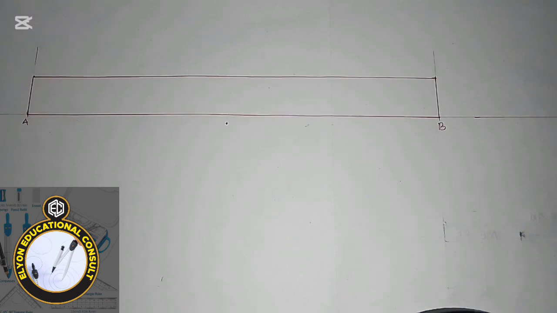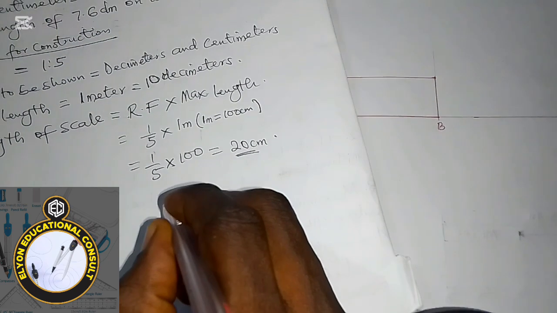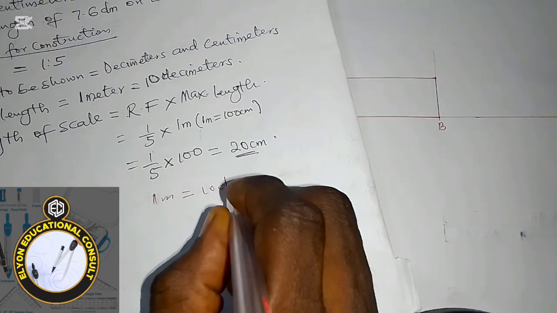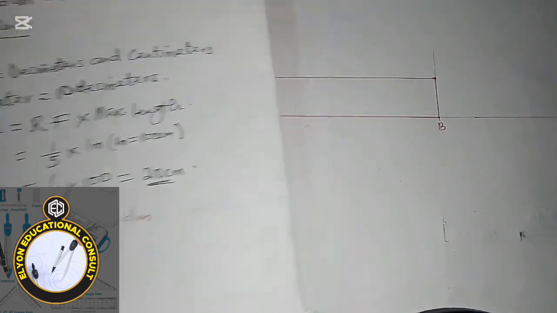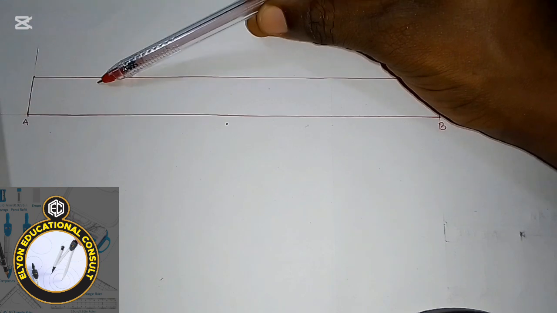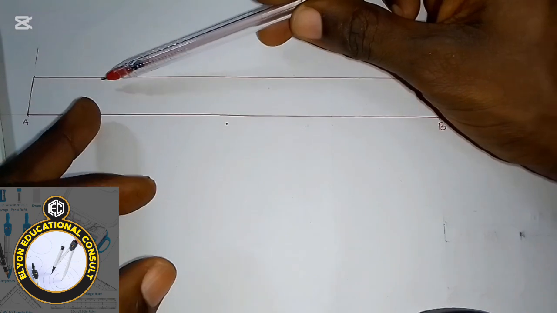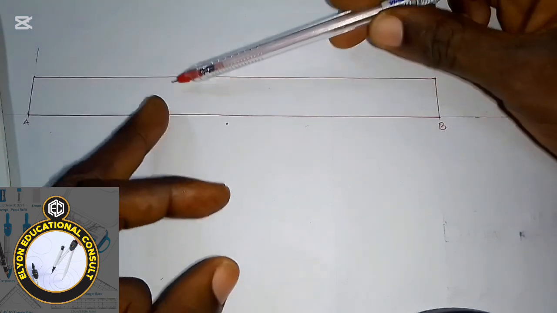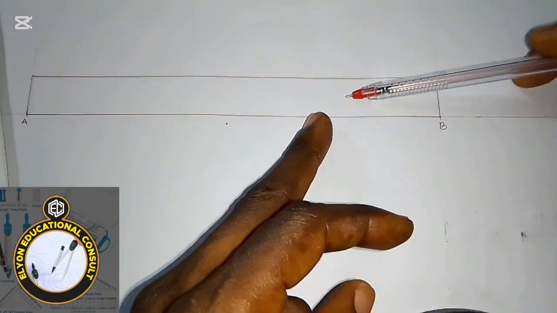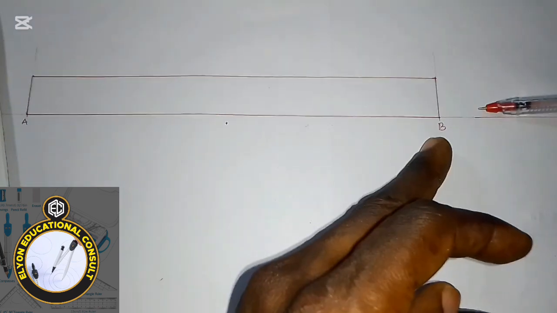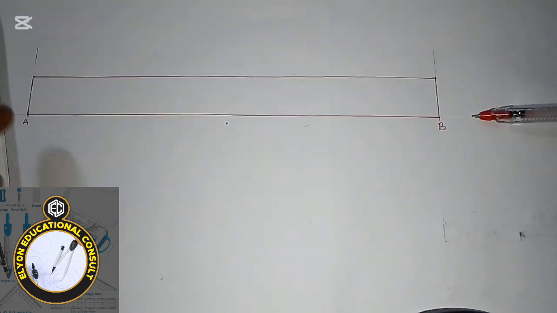Don't forget that 1 meter is equal to 10 decimeters. Now each division into 10 will be, each division will be what? 1 decimeter, up until 10. So that 10 decimeters is equal to 1 meter.